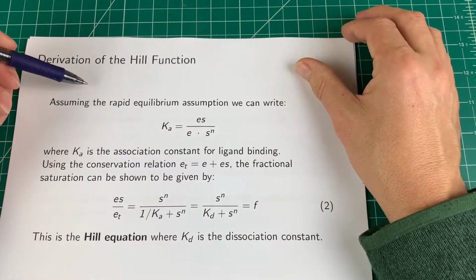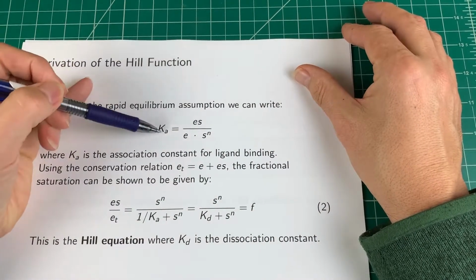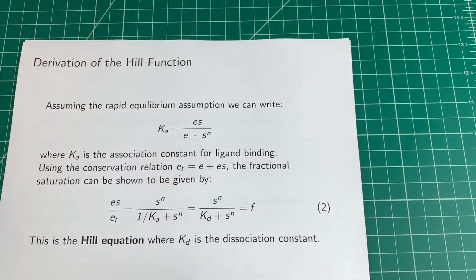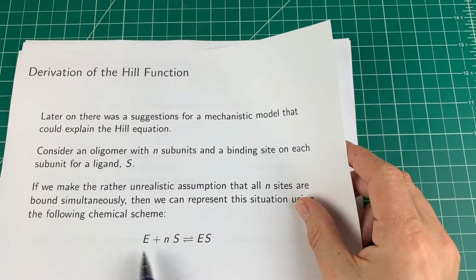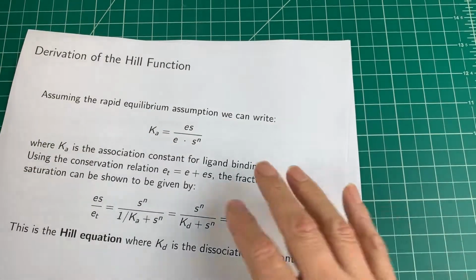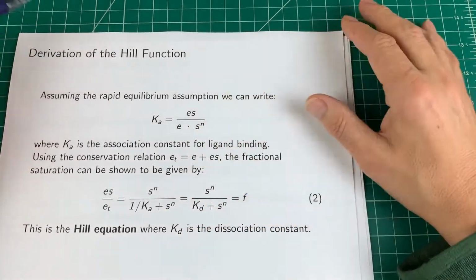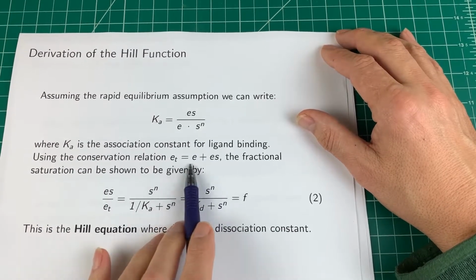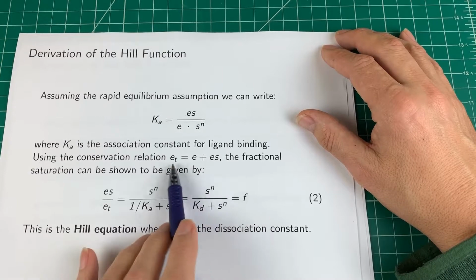If I assume rapid equilibrium, I can write down the association constant. So that's just the association constant for this reaction, ES divided by E times S. But because I have a stoichiometry of n, I have to raise S to the power of n. Okay. I take note of the conservation law. The total amount of enzyme is ET.